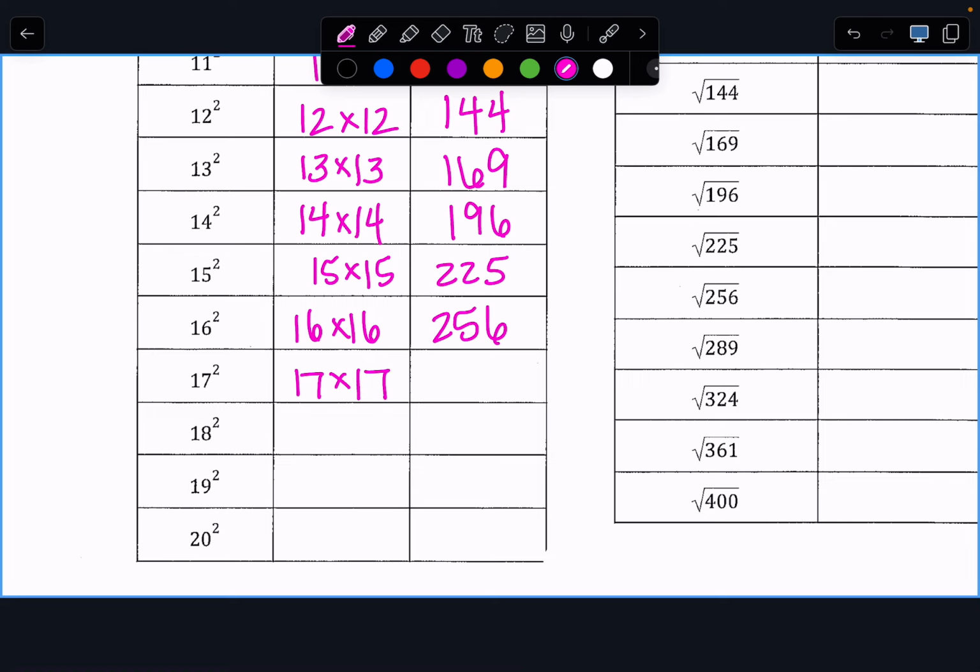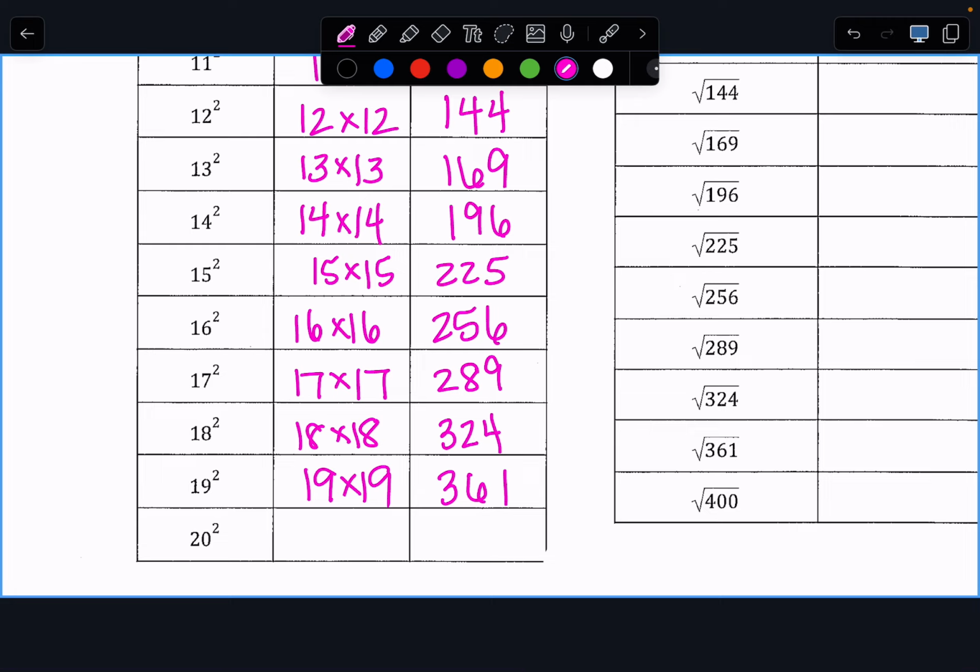17 squared is 17 times 17. 289. 18 squared, 18 times 18 is 324. 19 squared, 19 times 19 is 361.